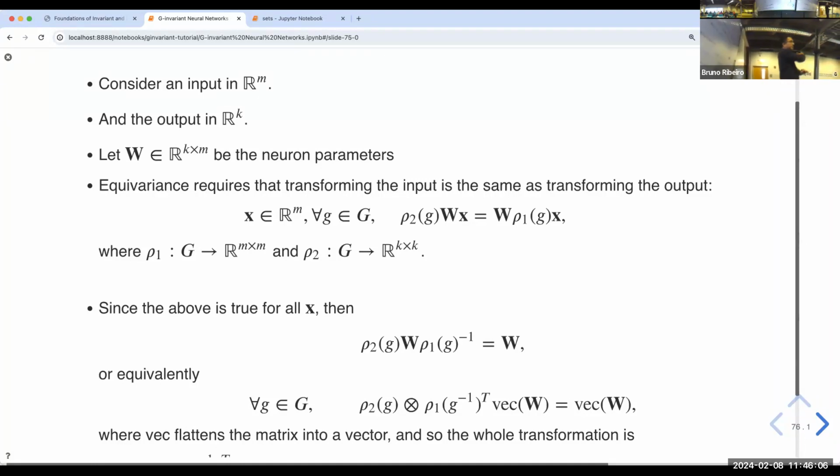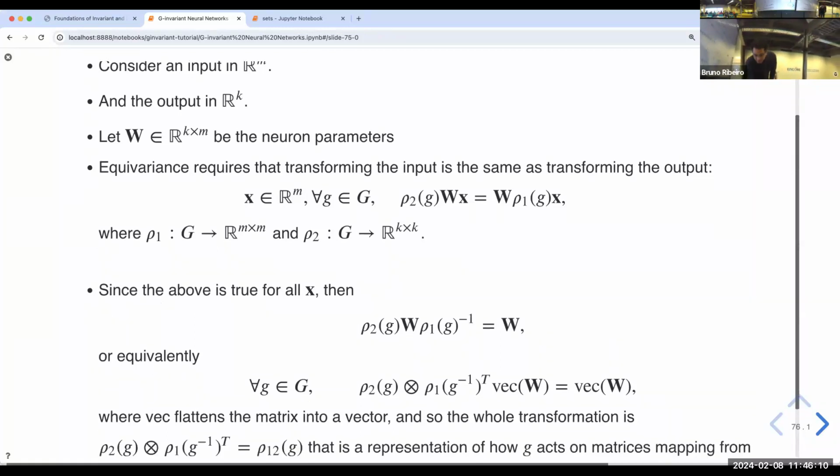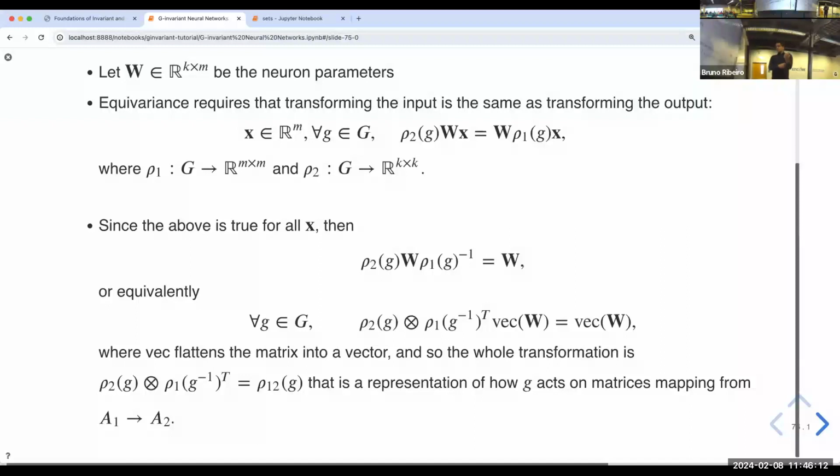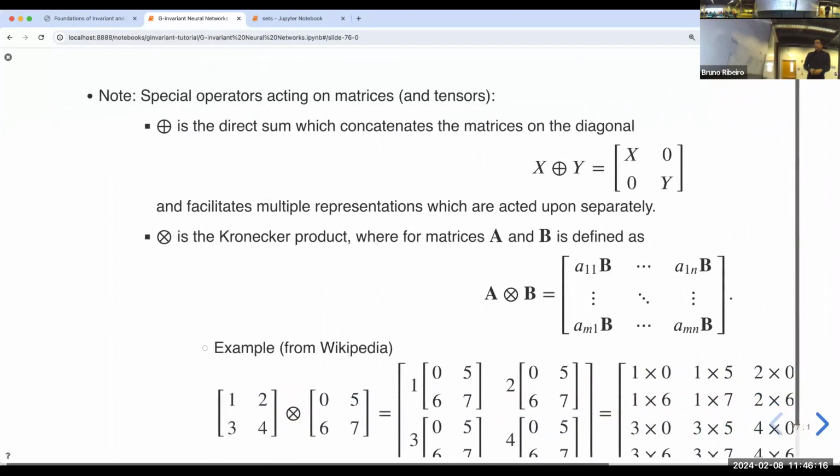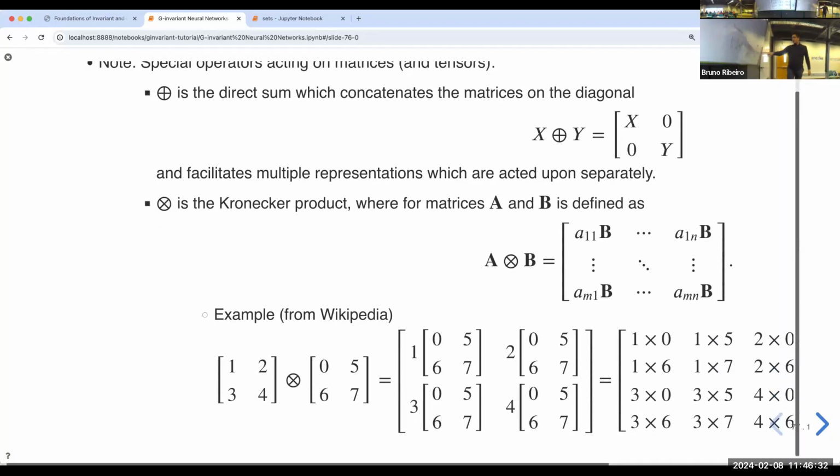And then the same toolkit that we showed applies, right? Reynolds operator, the whole thing. So let me show you an example. Well, this is just showing the Kronecker product. If you're not familiar, the Kronecker product of A and B is all the elements of A multiplied by the matrix B. So it looks something like this, right?